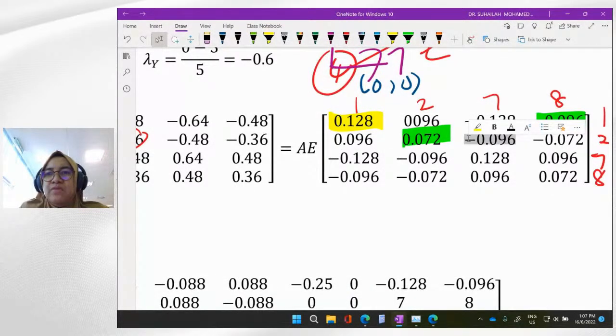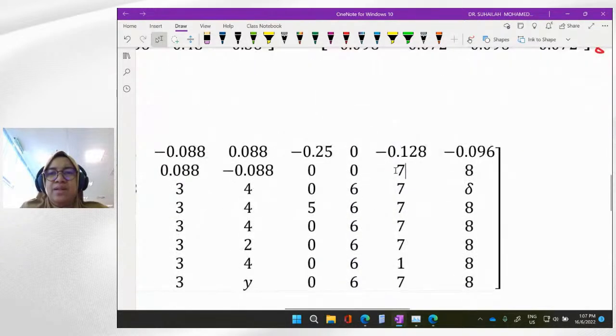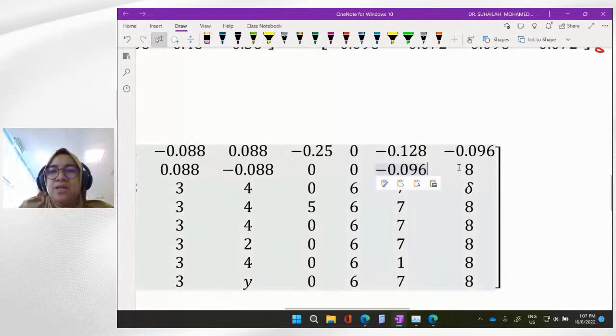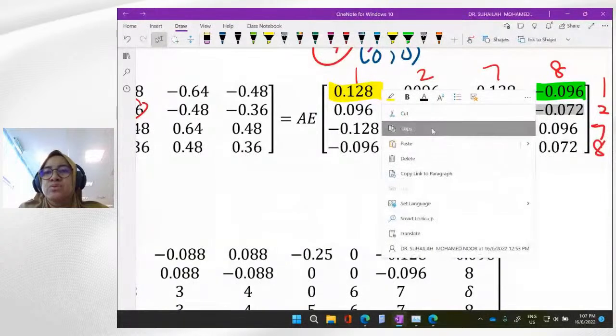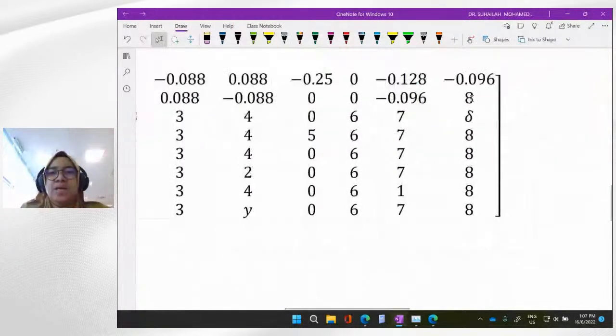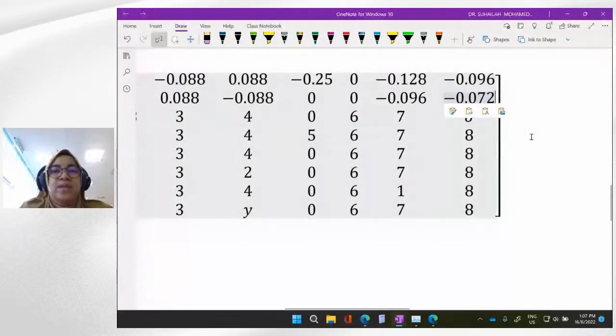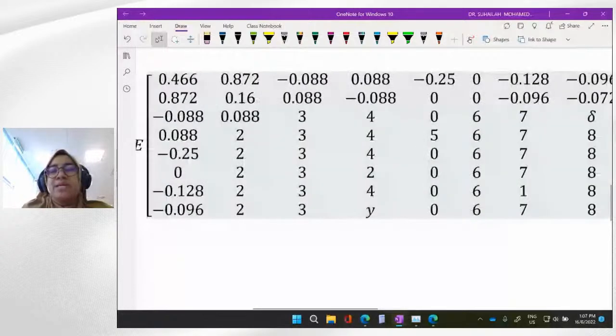Okay, 2, 8. We only find 2, 8 in K3. 2, 8 is negative 0.072. Okay, we move to row number 3.